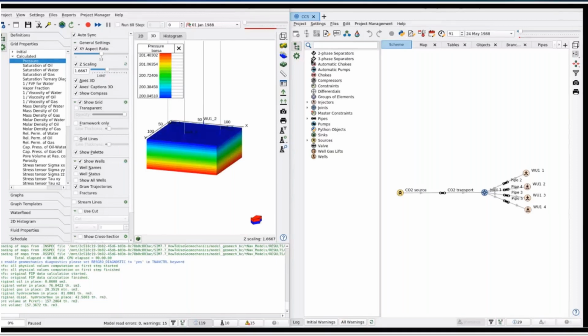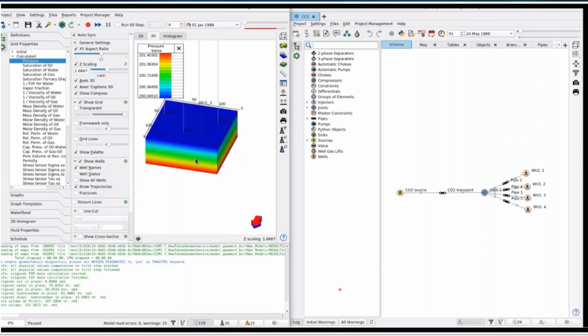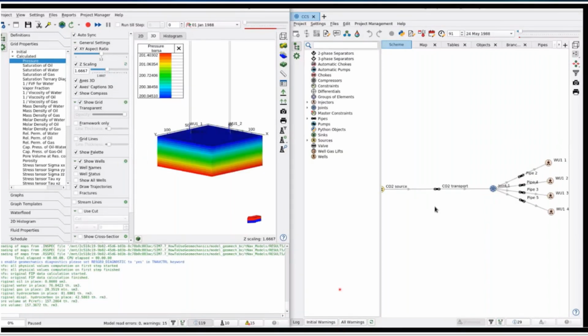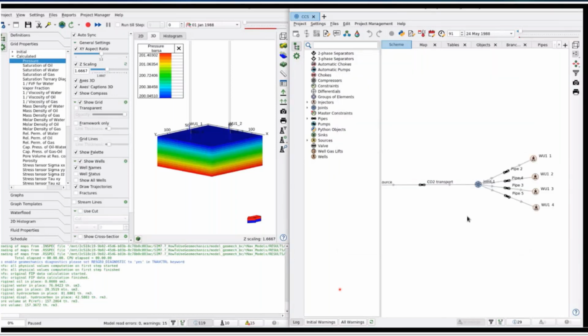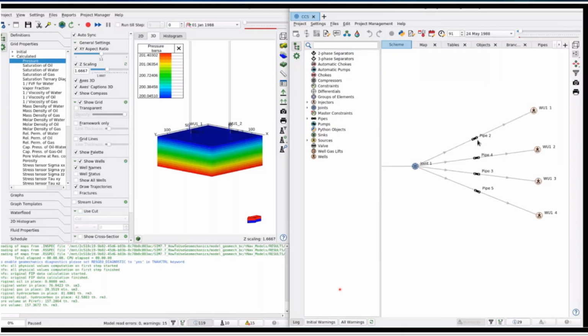Yeah, so I just want to show you how the integrated project looks. As I said, we have integration between the subsurface model and the network. As you can see on the right-hand side, we can work with our connected surface network model with the connected well projects and pipelines.